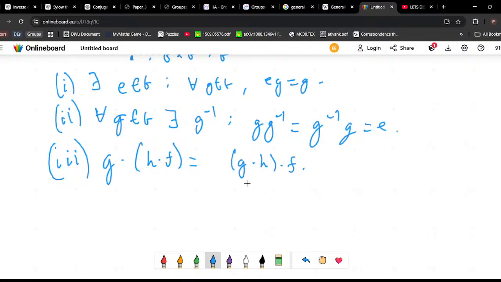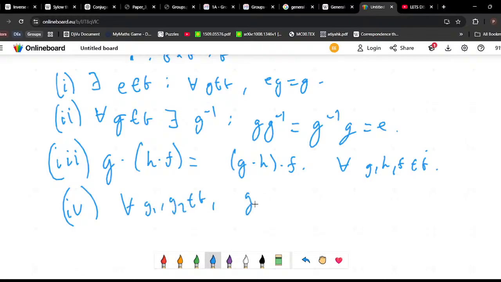I'll use F. So the order in which you do the operation could matter. It's not necessarily true that gh equals hg, but we're associative. So it doesn't matter if you do g times (h times F), or if you do g times h first, and then times F on the right. It's the same thing. And the fourth one is what I was saying before, closure. So for all g1, g2, g1 times g2 is in G.